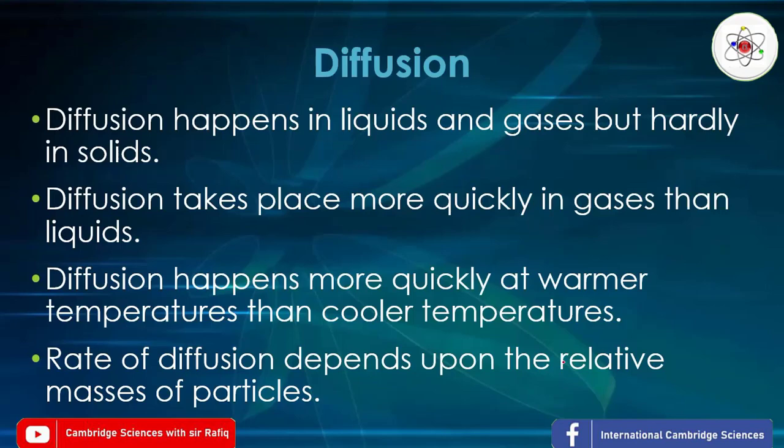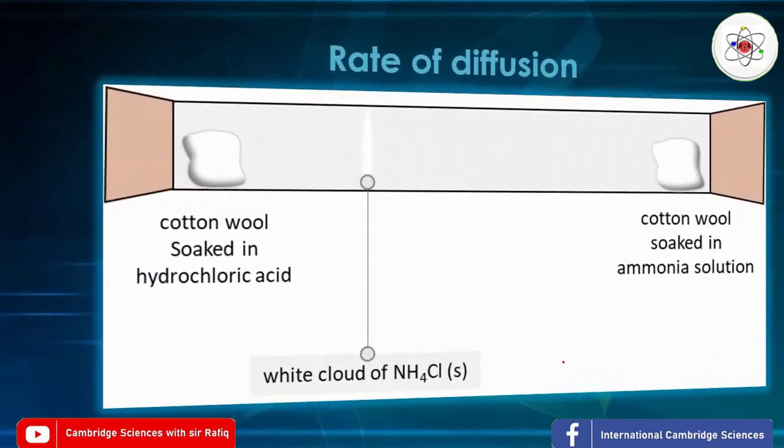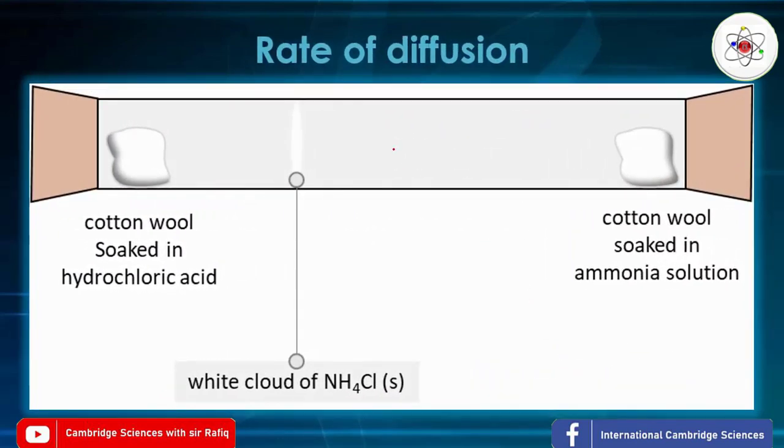So let us consider an experimental demonstration. We have a glass tube, and on the two ends we place cotton wool soaked in hydrochloric acid at one end and cotton wool soaked in ammonia solution at the other. What happens when we heat the glass tube?